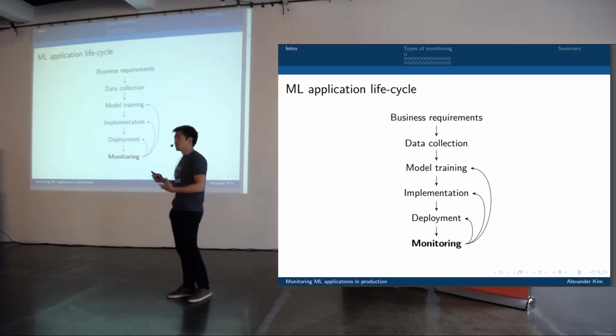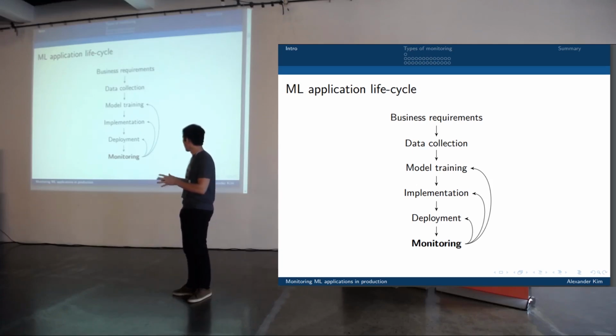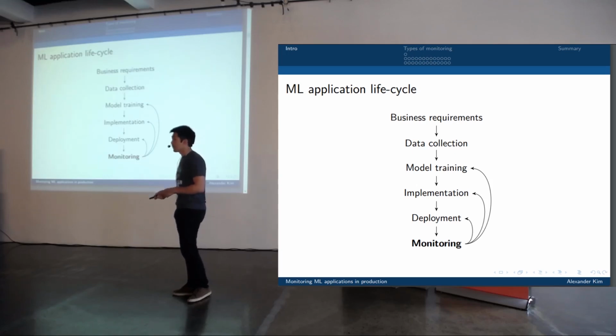And then you go on to implement all the non-machine learning related code that could be a REST API and things like that. So basically getting the input data, transforming it, feeding it into your machine learning model, and then serving it in some way. Then you get to the deployment stage, and then you start monitoring your system.